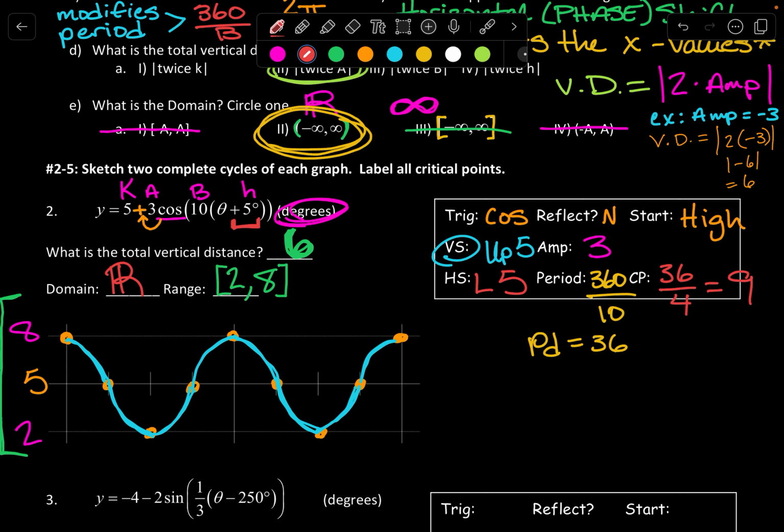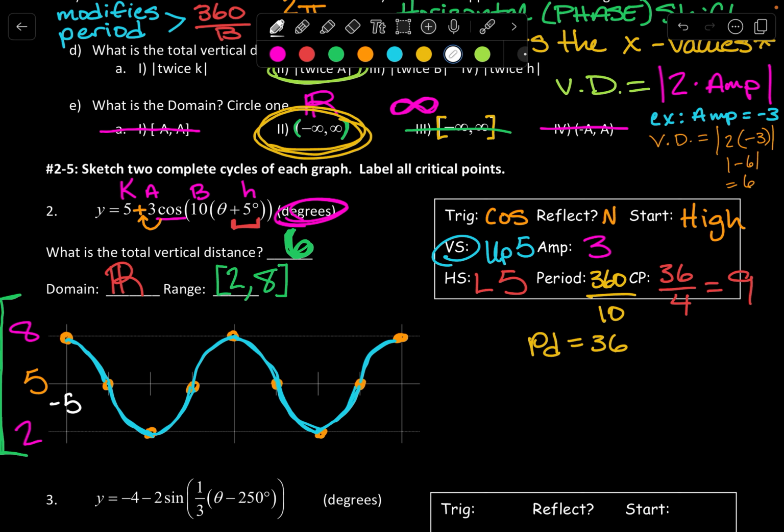So let's label our x-axis. Normally, this graph would start at 0. But now we've been moved to the left 5. So if you think about what number is 5 to the left of 0, it is -5.